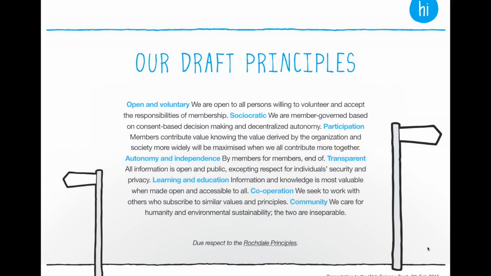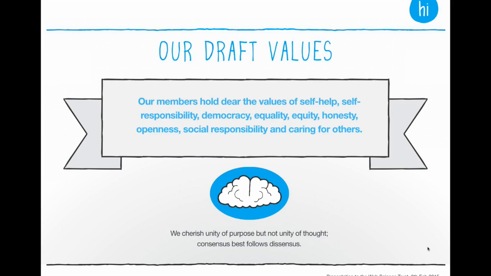Autonomy and independence, this is by members of the HI project for everyone who benefits from the HI project. It's transparent. We're fundamentally trying to help drive the learning and education vision that's implicit to the very design of the web. We're cooperative and we're about community.